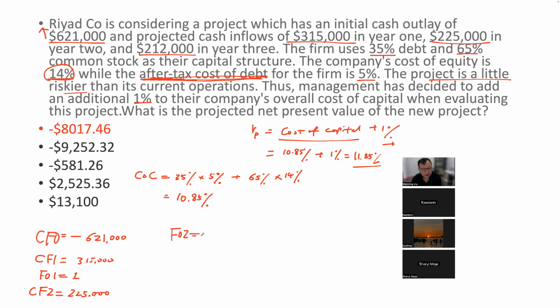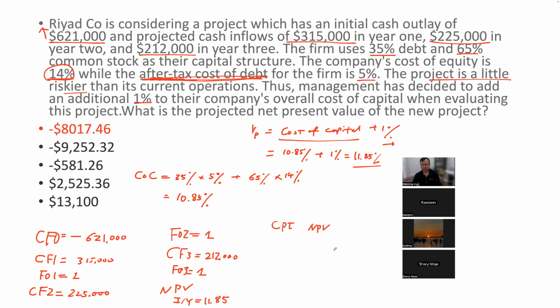Your CF3 should be 212,000, and F03 should be 1. Then you press NPV, and then you enter the I, which will be 11.85. Then you compute NPV.